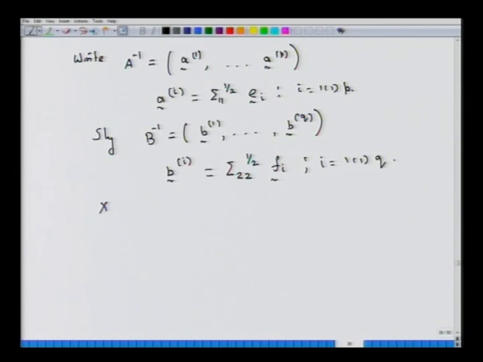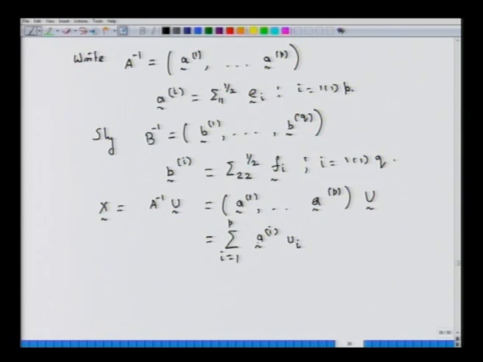Now, realize that we are writing x as A inverse u here, so once we write A inverse as a_1, a_2 up to a_p vectors, that multiplied by this u vector is just going to give us the summation i equal to 1 up to p of the a_i vector multiplied by the ith component of u.